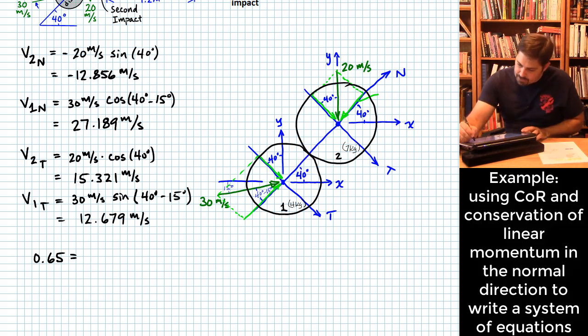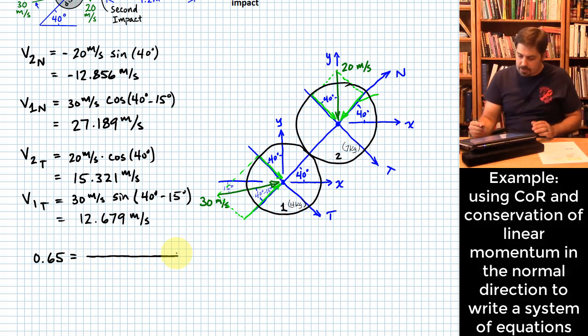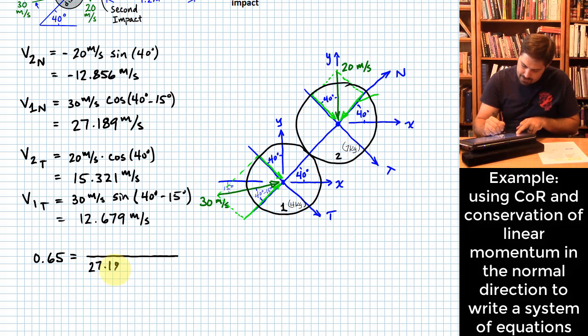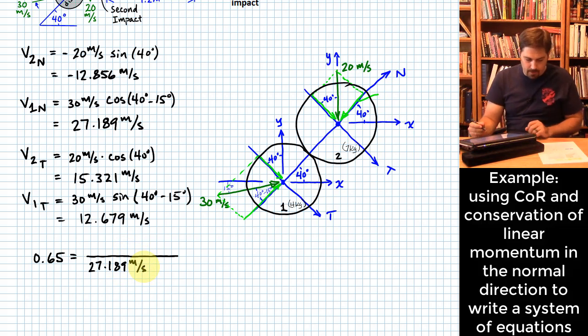Initially, so if we're trying to figure out that rate of approach, we're going to take that value, V1n, which is 27.189 meters per second along that normal direction, and then subtract the velocity that we have for the other one along that same direction.